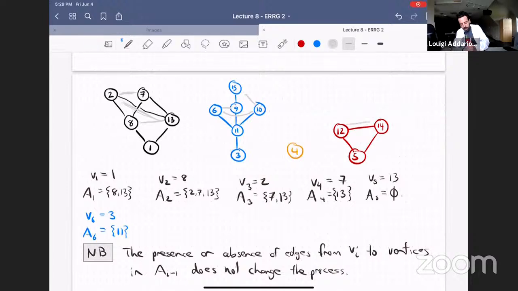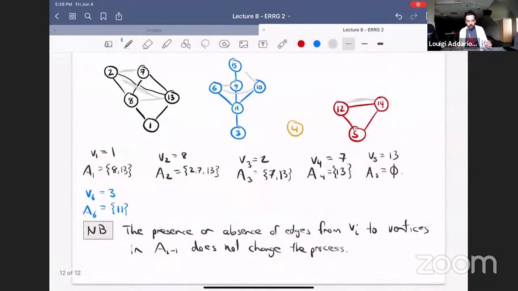And in the last component, this edge from 12 to 14 could be present or absent, and nothing changes in the process. Okay. That's the exploration process we'll study to prove this law of large numbers.